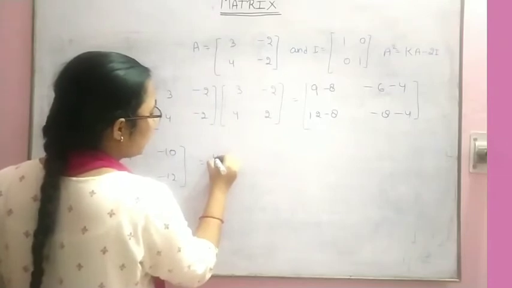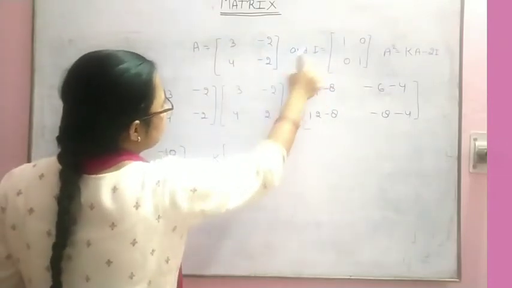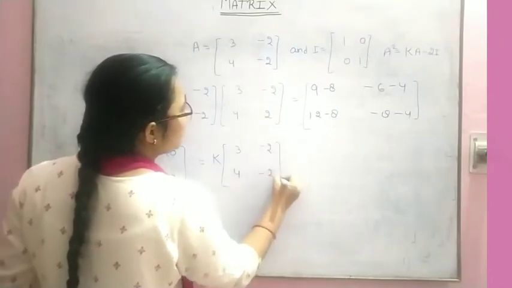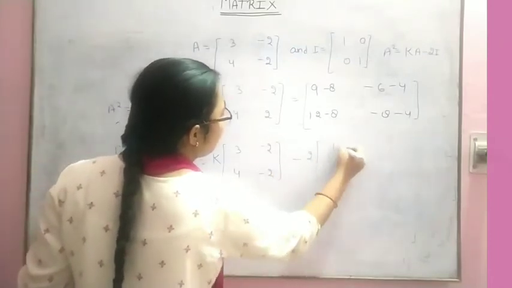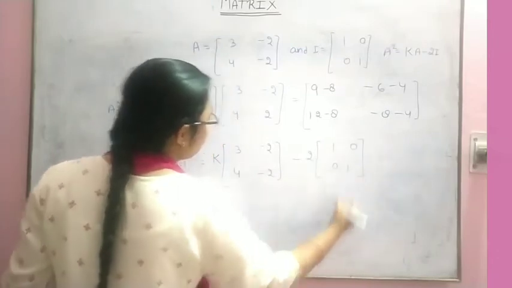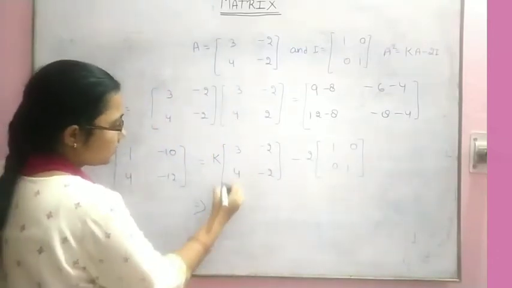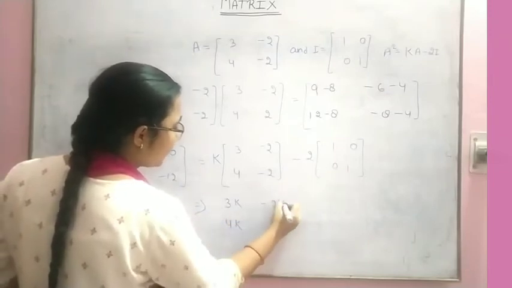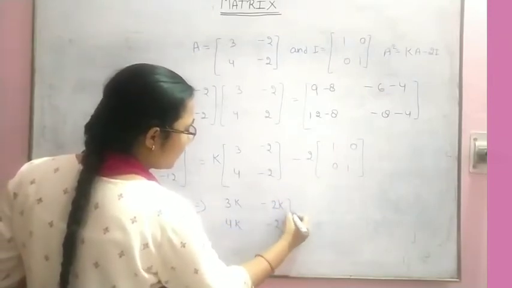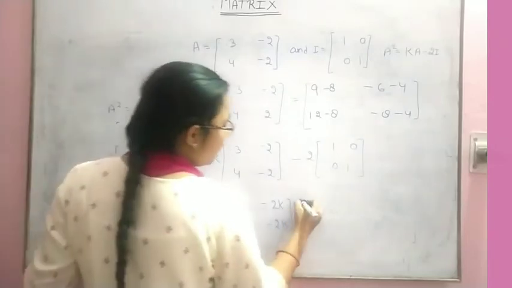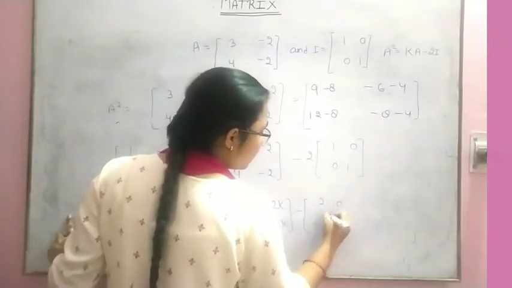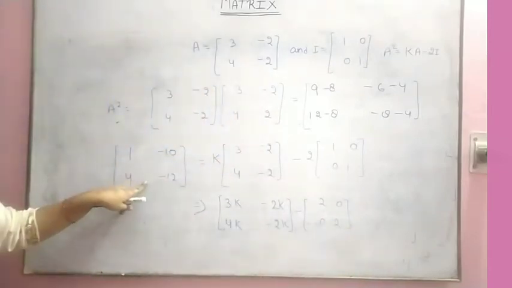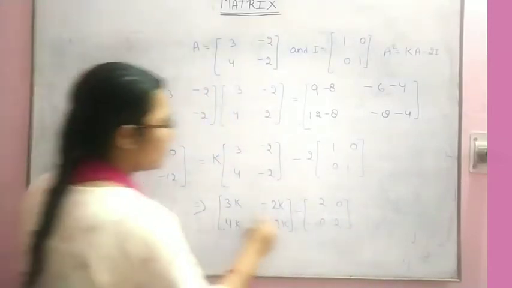Equals to K of A. That means 3, 4, minus 2 and minus 2. Minus 2I, 1, 0, 0, 1. After solving this, we get 3K minus 2, 4K, minus 2K, minus 2, 0, 0, 2 and compare with A square.